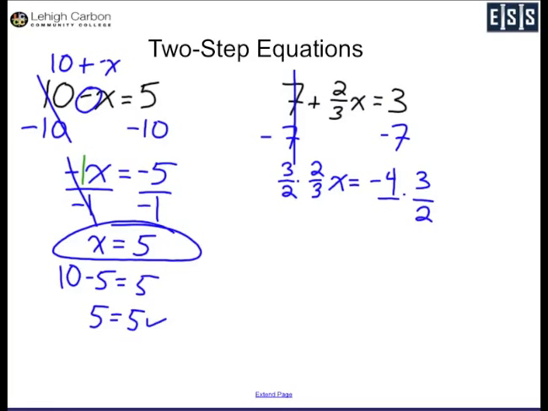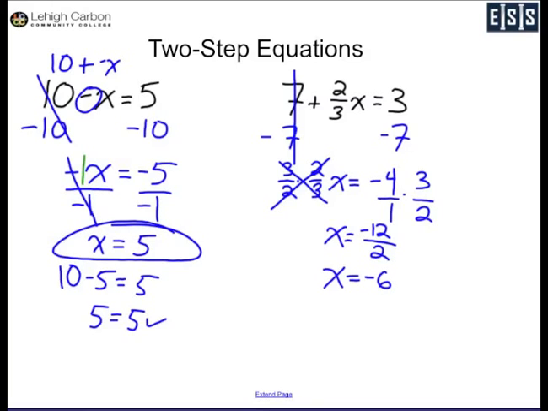And I'll put my -4 over 1. 3's cancel, 2's cancel. X equals -4 times 3 is -12. 1 times 2 is 2. -12 divided by 2 is -6.